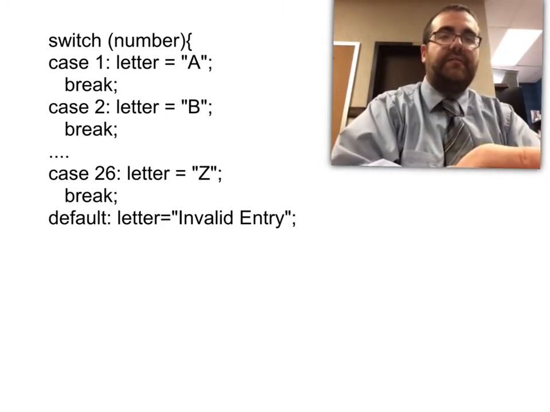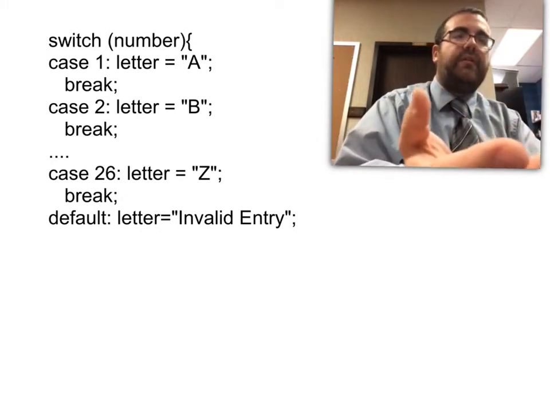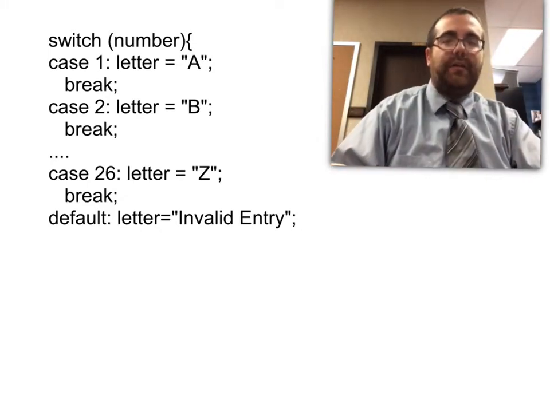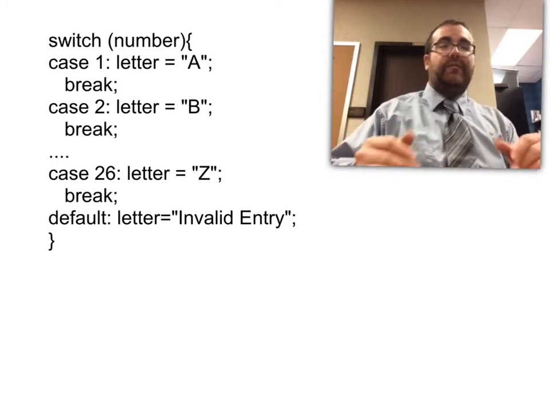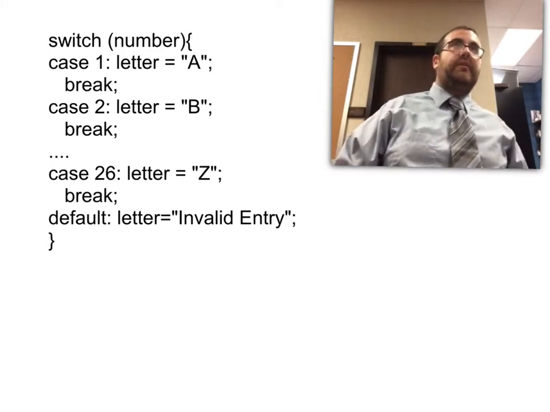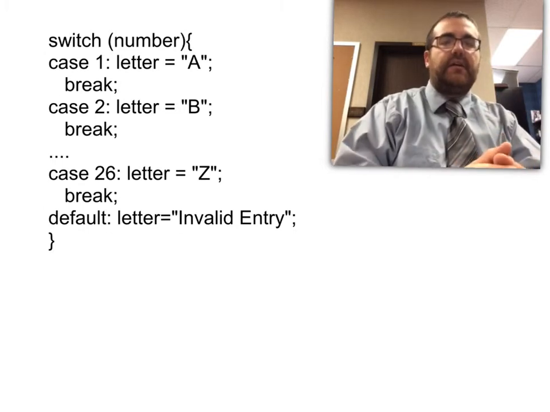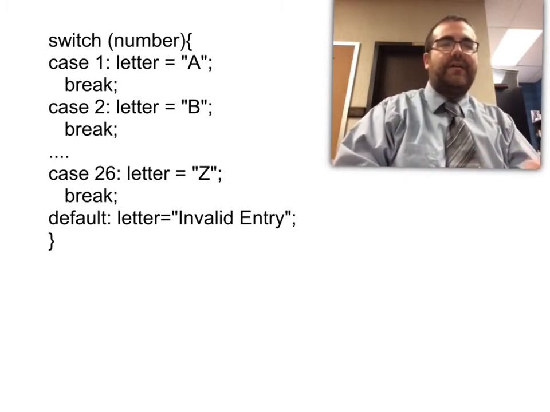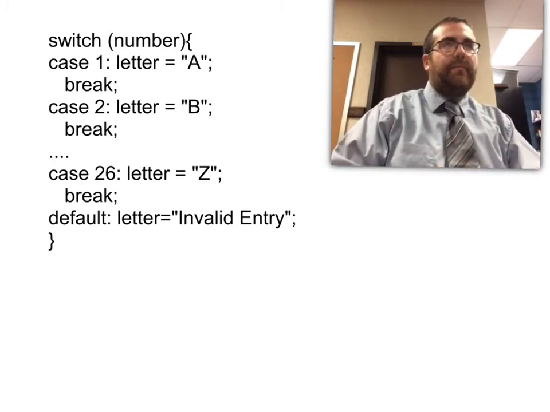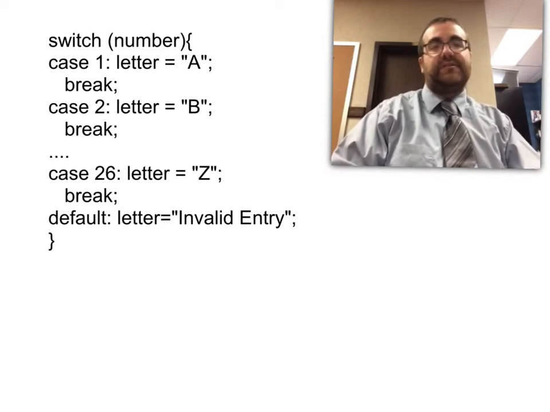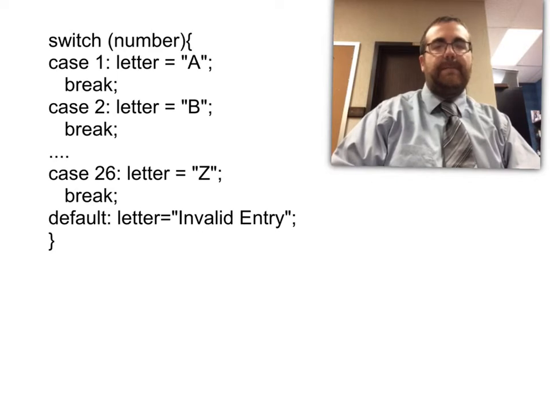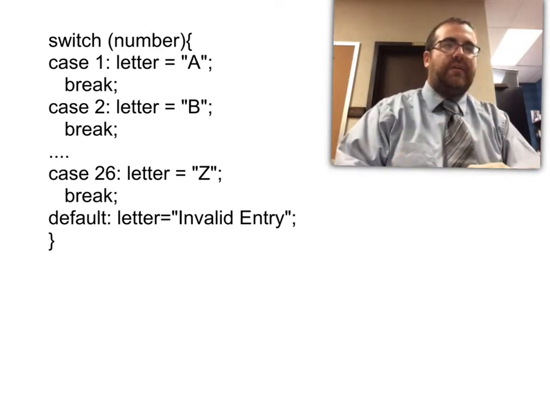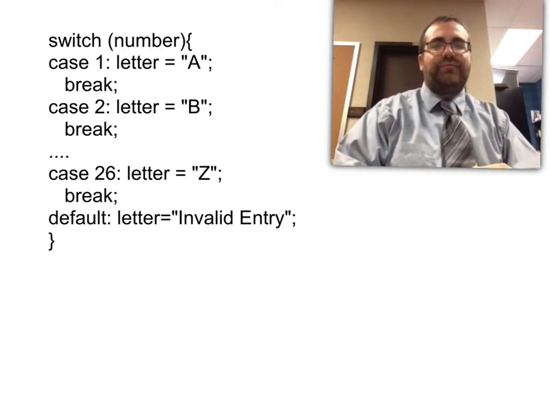And because it's an invalid entry, the user would probably have the opportunity to enter again if we gave them such an opportunity. But we took care of all our possible scenarios, so usually the else is good to practice having default entry, invalid entry, every other possible scenario. So if our user enters a 0, a negative number, anything above 27, there's not a valid letter of the alphabet to go with that. So that's a simple example of our case switch scenario.